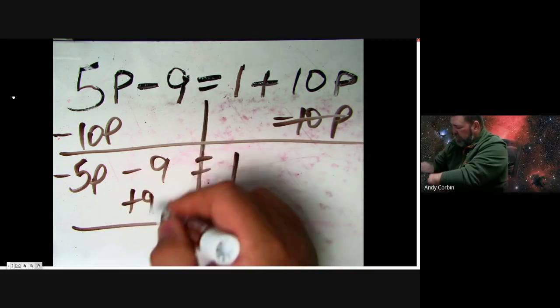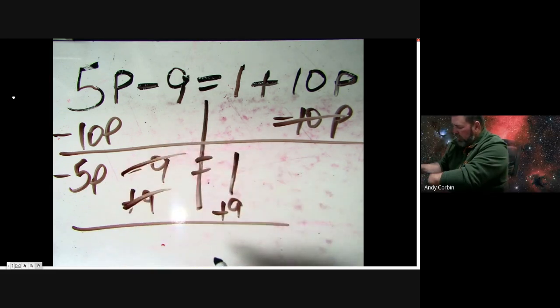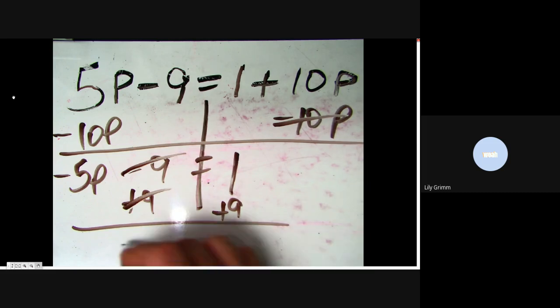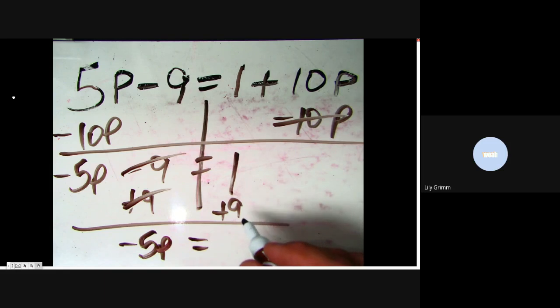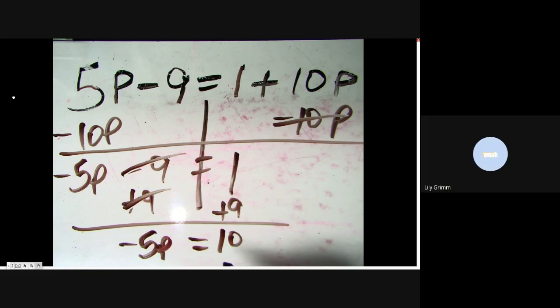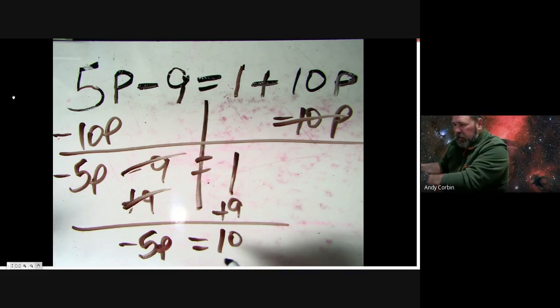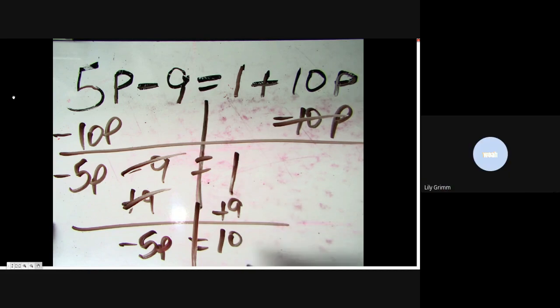Okay, what happens to the 9s? They cancel out. Okay, what do I bring down? The -5p. Okay, then what? That's 10. Okay, now what? Go back to your rules. See what's been done, undo what's been done, do it to both sides. So what's been done? Subtract 5.